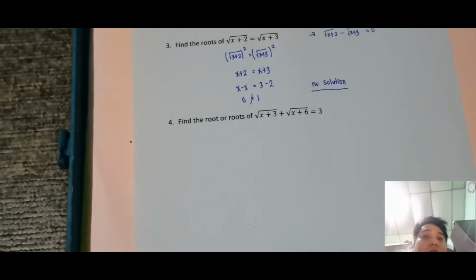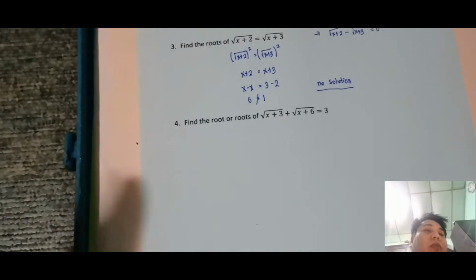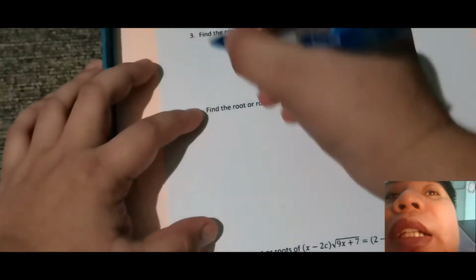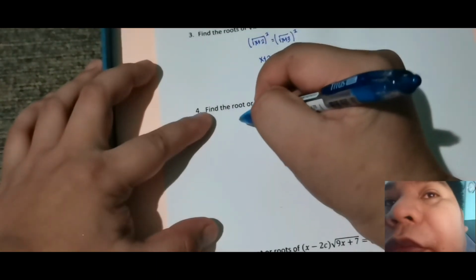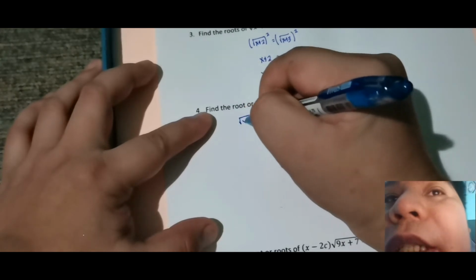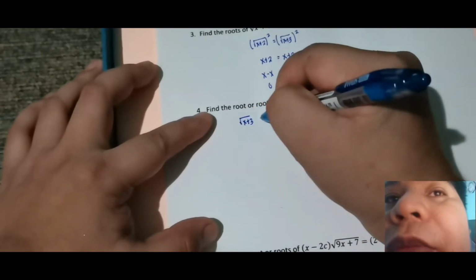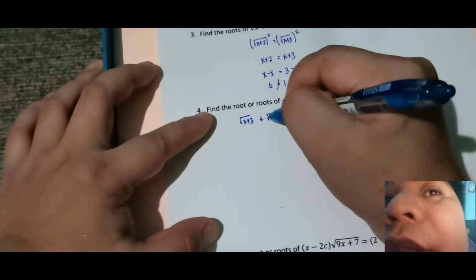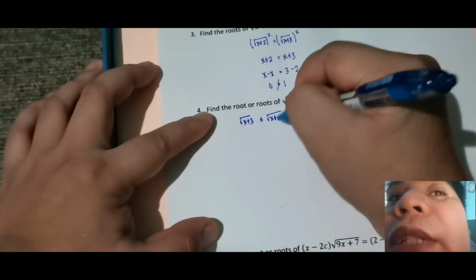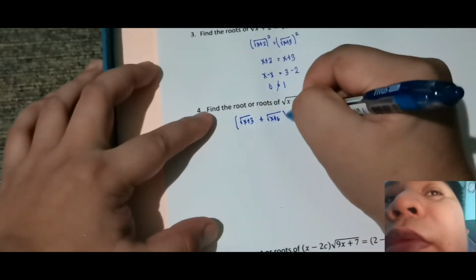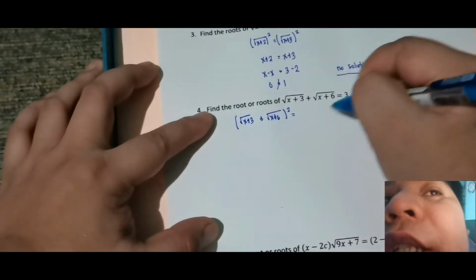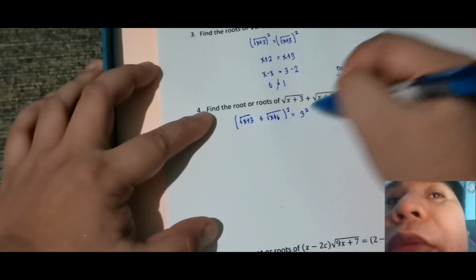Okay, so before ako mag-square, pakita ko muna yung pag-square, tapos ipapakita ko sa inyo mangyayari. Kasi may special na mangyayari. Square root of x plus 3 plus square root ng x plus 6 naka-raise sa 2 equal to sa 3 square.